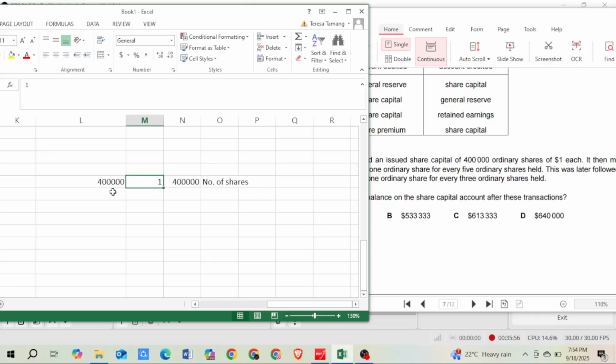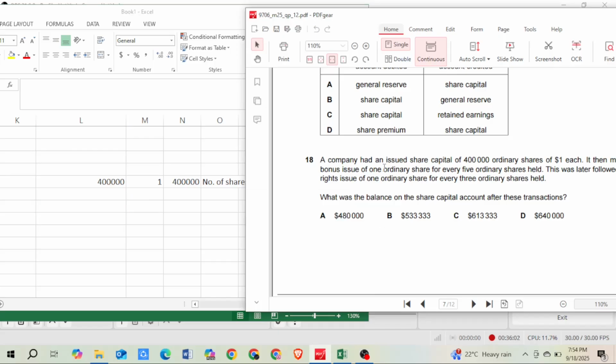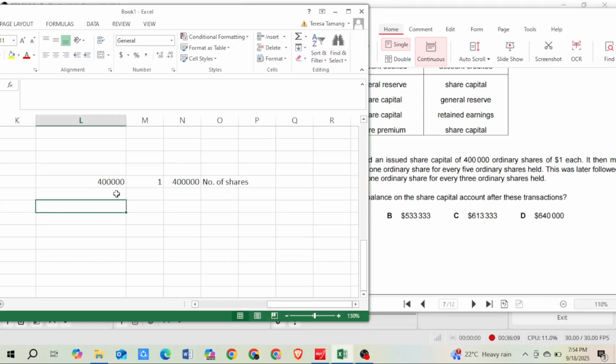Now, to calculate the bonus shares: we issue bonus shares of 1 ordinary share for every 5 ordinary shares held. So we are giving them 1 for every 5, that is 1 divided by 5.